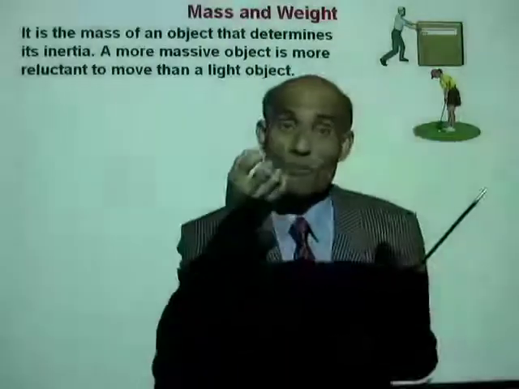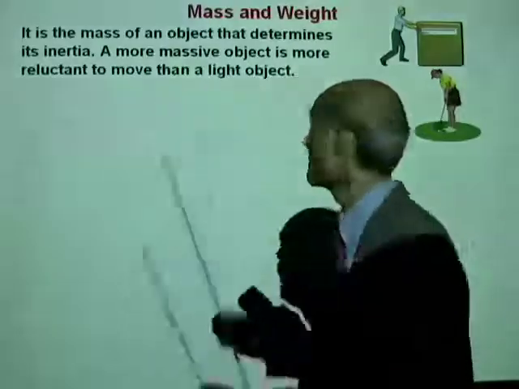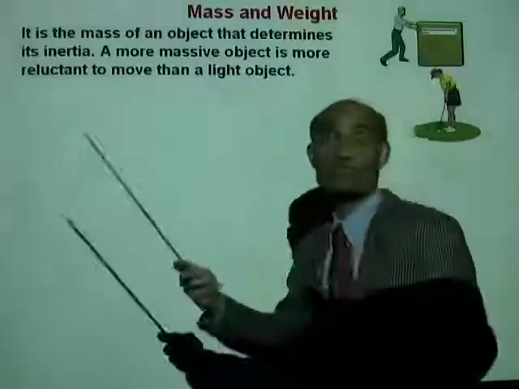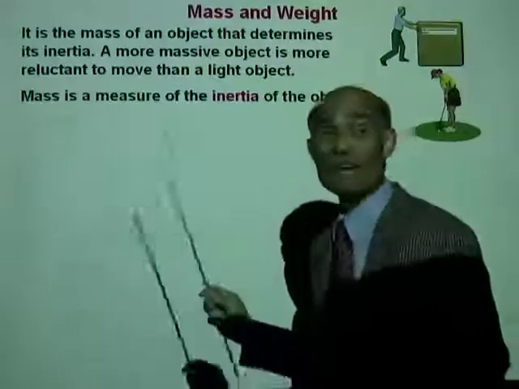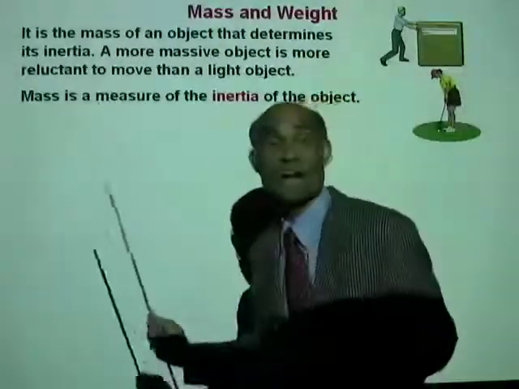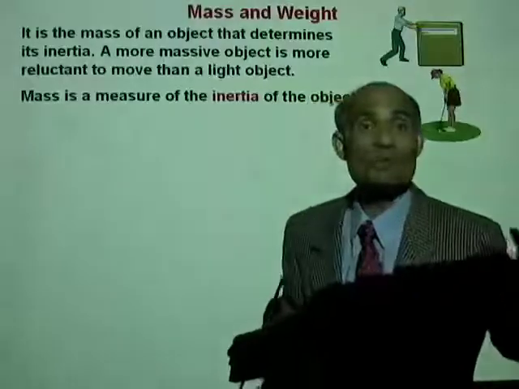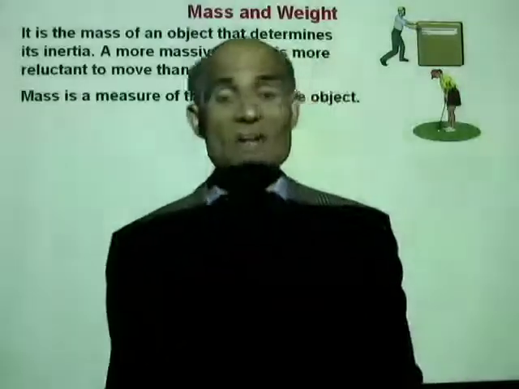The amount of matter in the golf ball is very small. Whereas the amount of matter in this box is very great. It has a greater inertia. Therefore, we are going to define mass as a measure of the inertia of the object. That's a very convenient way to define mass.